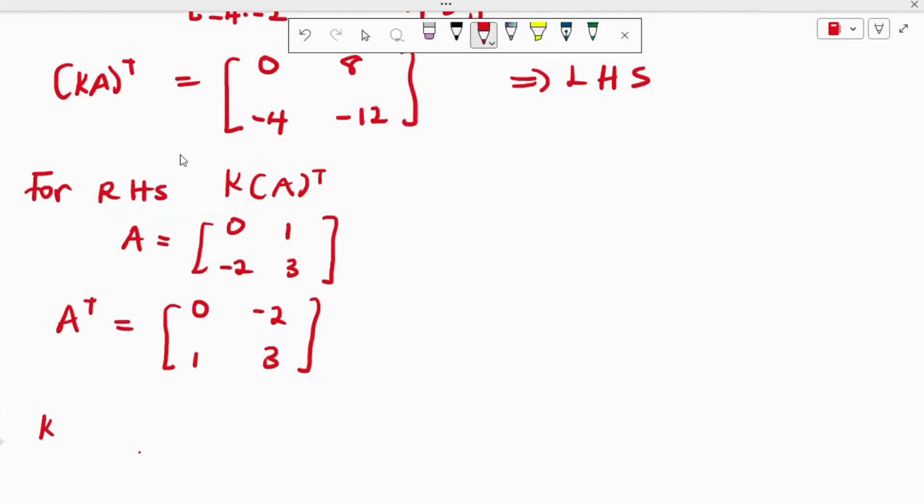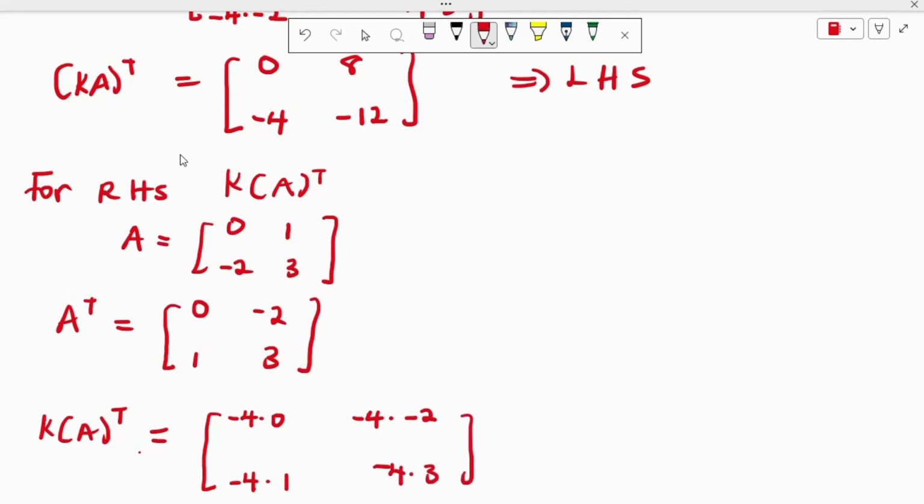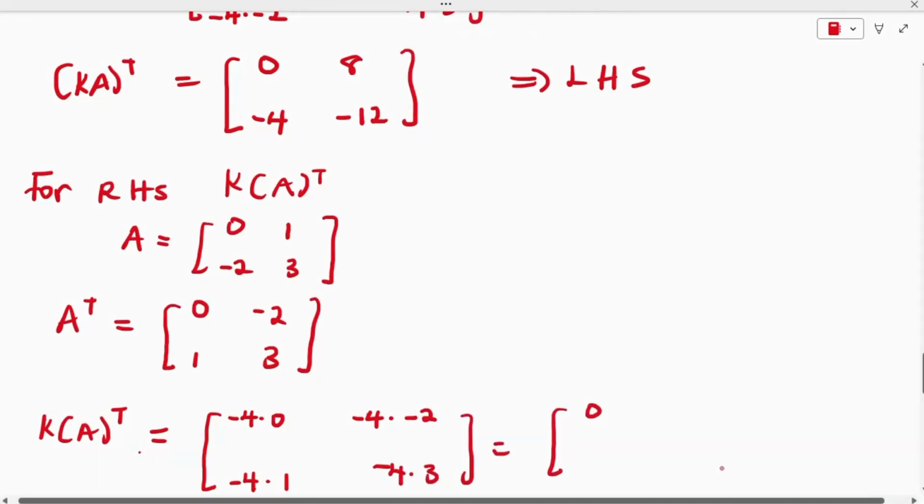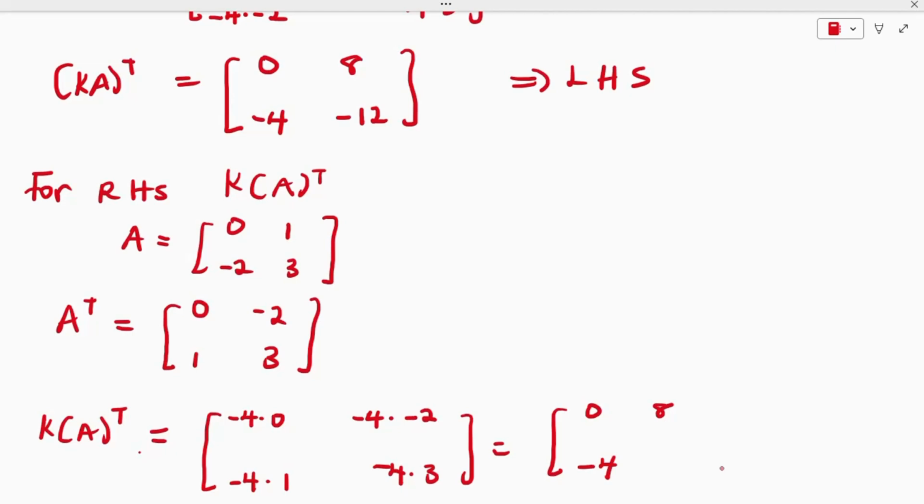For K times A transpose, we have that K is equal to negative 4. So this becomes negative 4 multiply 0, negative 4 multiply negative 2, negative 4 multiply 1, and negative 4 multiply 3. And this is equal to 0, 8, negative 4, and negative 12. And this is the right hand side.